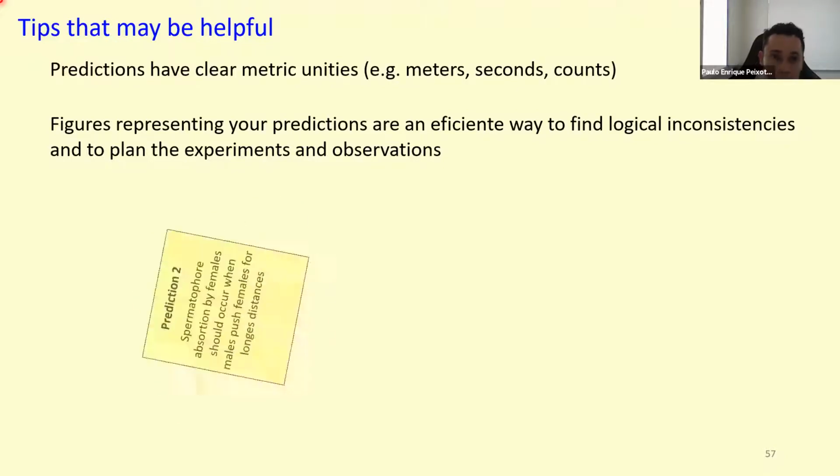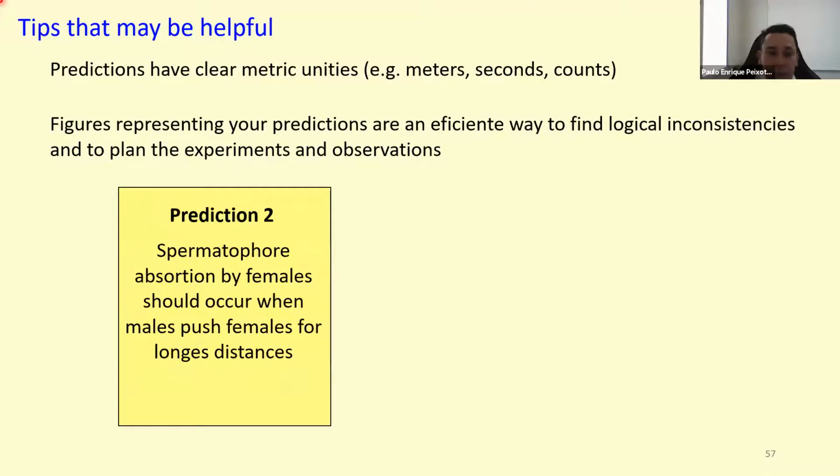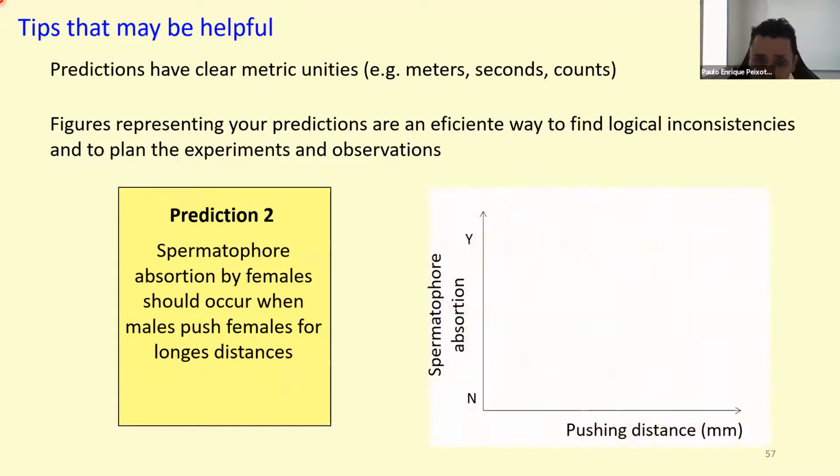For example, I have this prediction here, my prediction 2, that spermatophore absorption by females should occur when males push females for a longer distance. And I could draw this prediction in this way. I should place spermatophore absorption on the y-axis, okay, because it is my response variable.